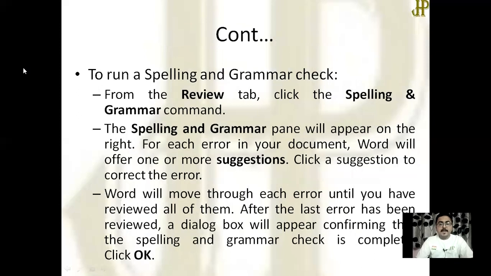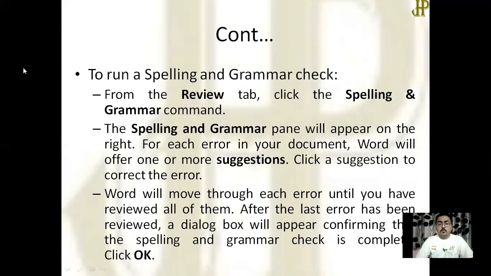To run a spelling and grammar check, we have to click the review tab and then click the spelling and grammar command. The spelling and grammar pane will appear on the right. For each error in your document, Word will offer one or more suggestions. Click a suggestion to correct the error.